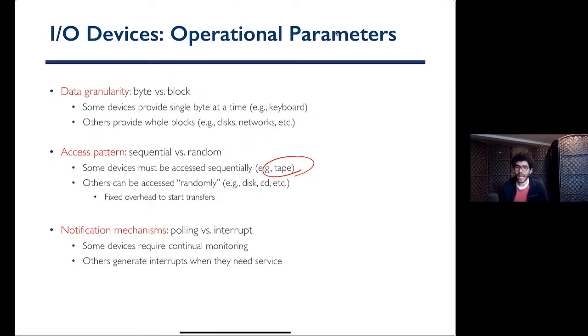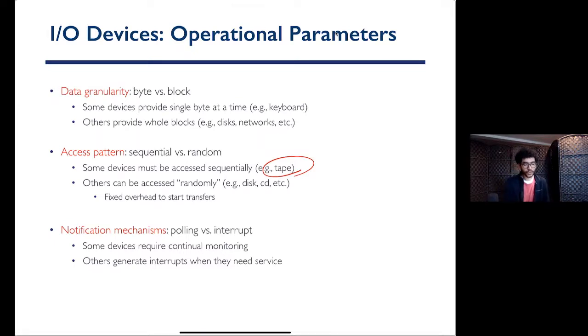The third one is, how is this device going to talk to us? Some devices are polling based, meaning that the device is not able to raise an interrupt. The device cannot interrupt the processor. In those devices, you have to always poll the device. So the CPU cycle has to be spent checking a certain address, which might be mapped to a register in the device, to see if the device is ready, or if the device has done what you told the device to do.